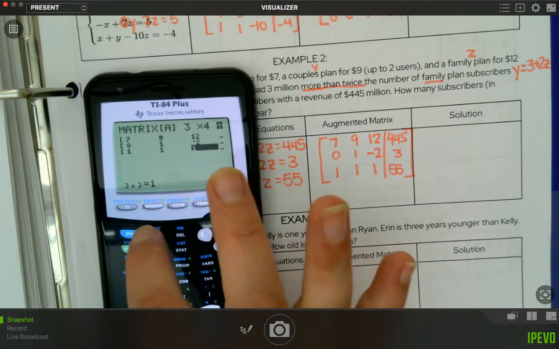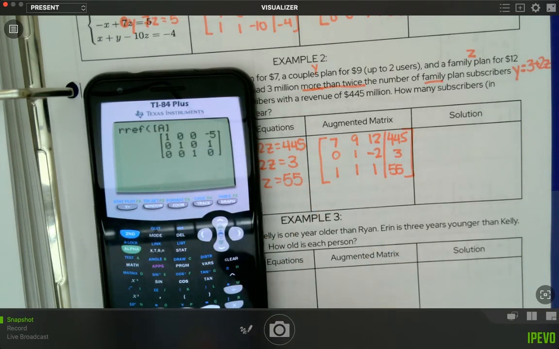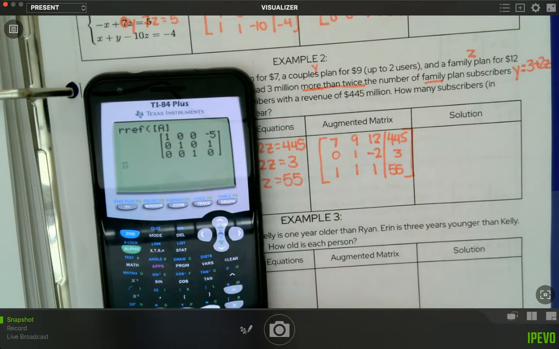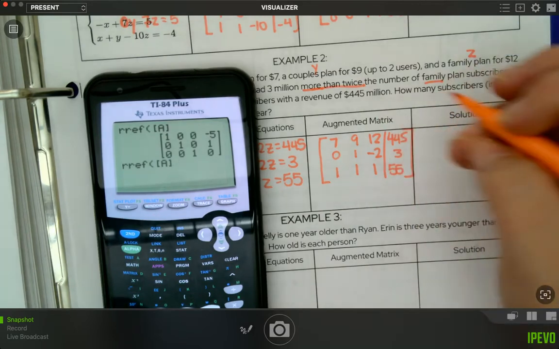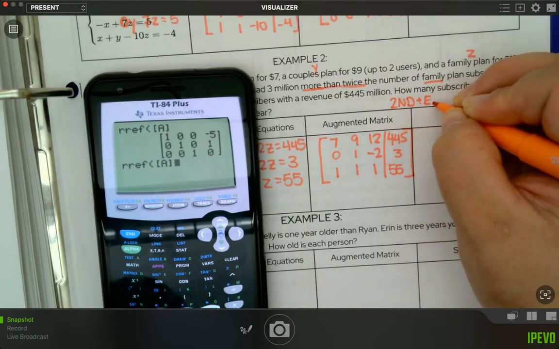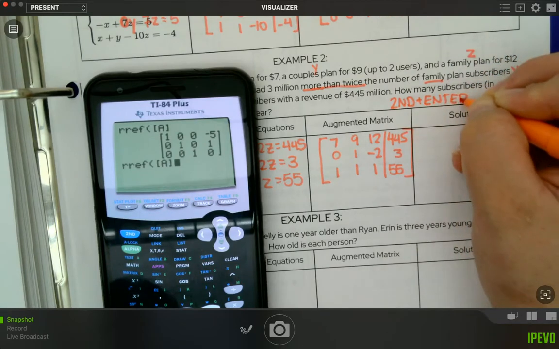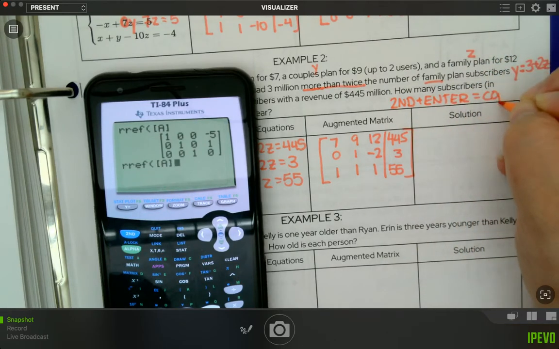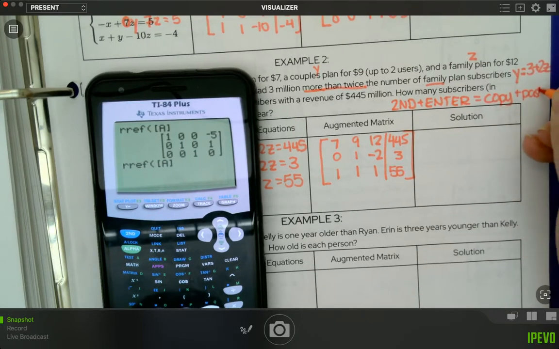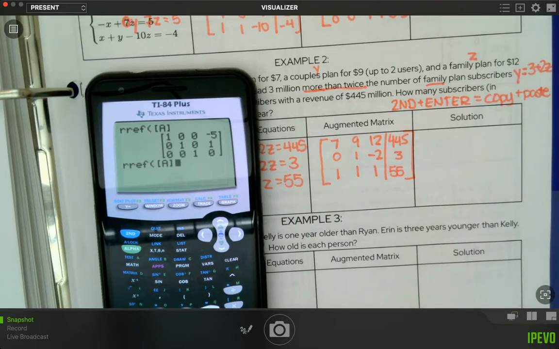And then second, quit. And then I'm going to teach you a trick. If this is the last thing you did, you can just hit second, enter, to copy and paste. And since we changed what matrix A is, now I'm getting the answers to my new matrix.